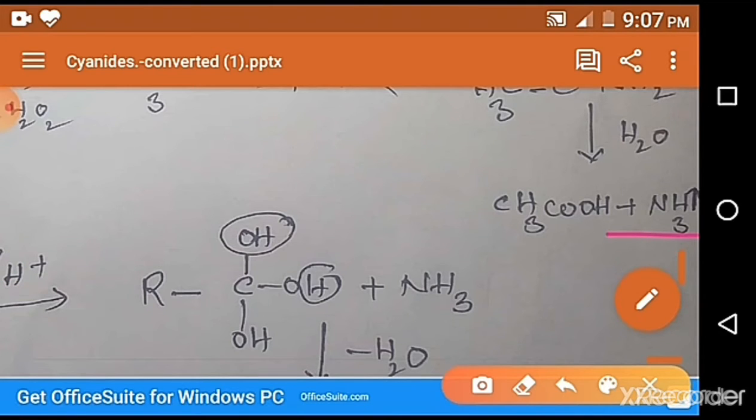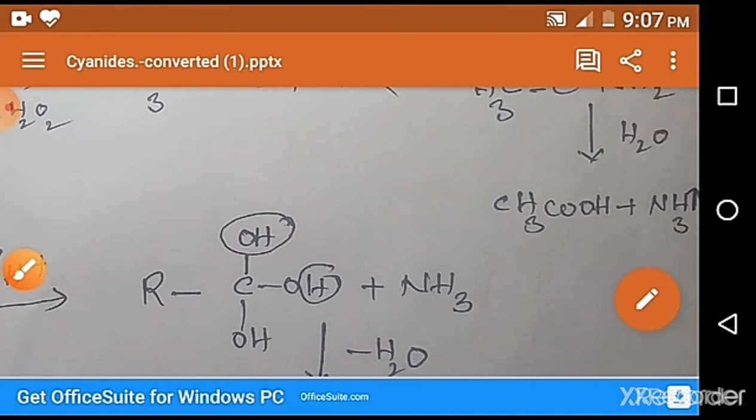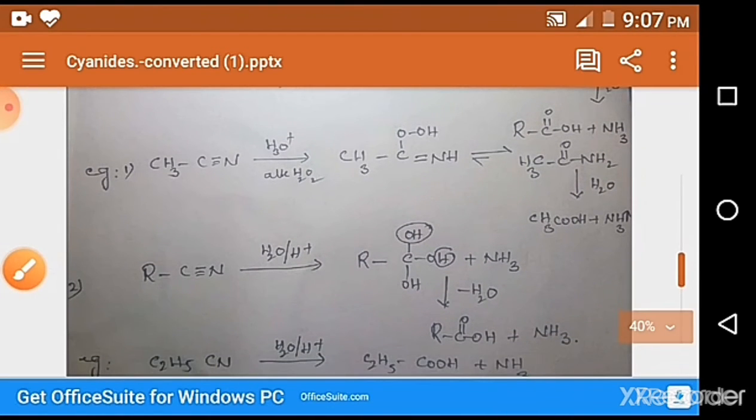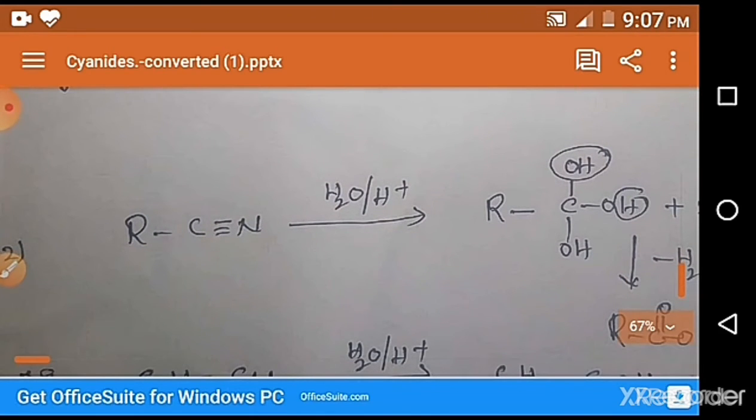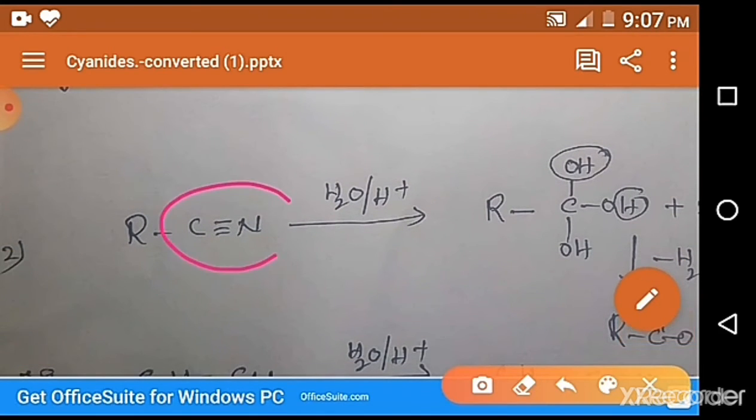So not only methyl cyanide, any cyanide undergoes hydrolysis, giving the corresponding acid. What is happening in this reaction is that the CN bond, or two pi bonds, are breaking, OH, H, OH, H. So these three bonds undergo fission.